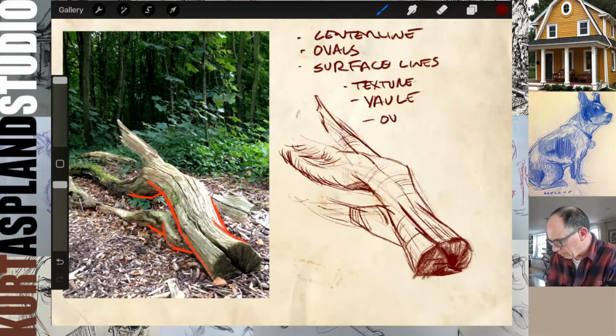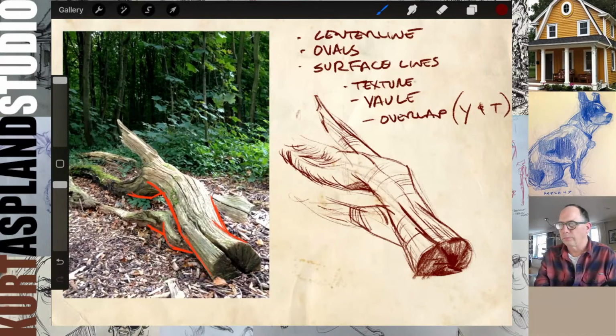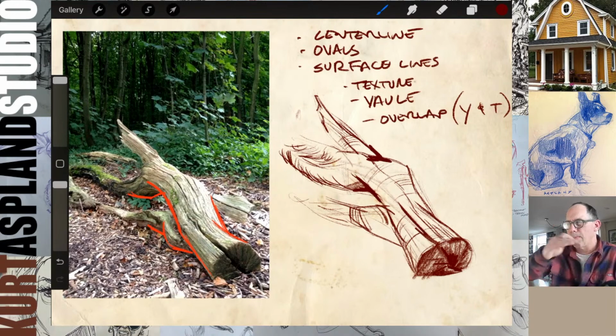Overlap. And this is Y's and T's. These are the Y's right there, where that's a Y right there. You see that? This could be a T, an upside down T, you see? This is what we use to create mass, volume, and depth.